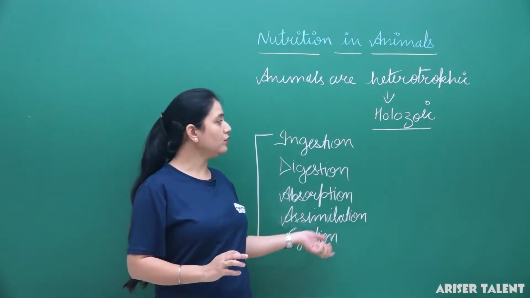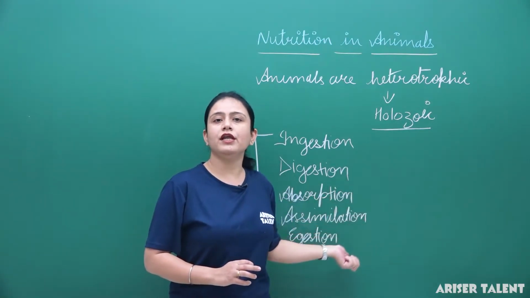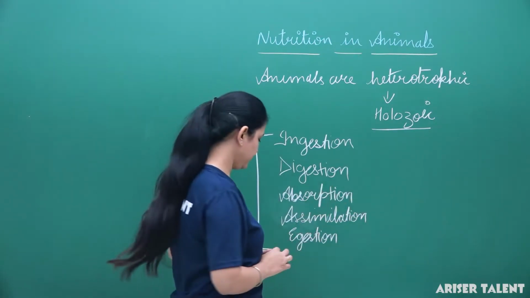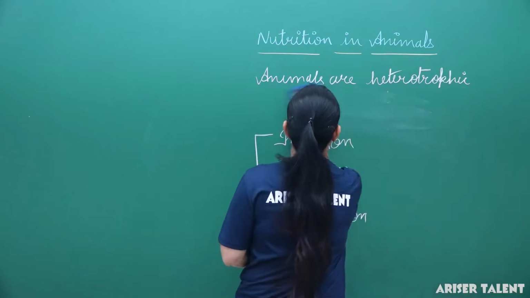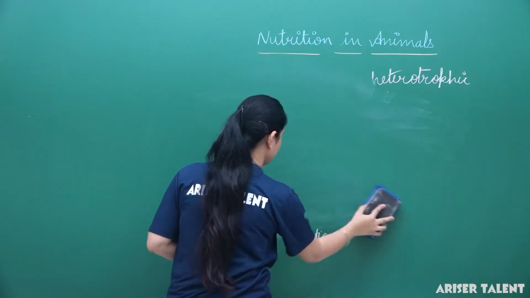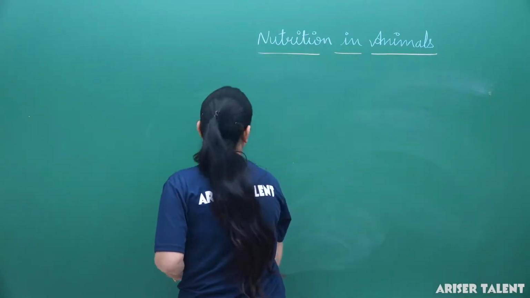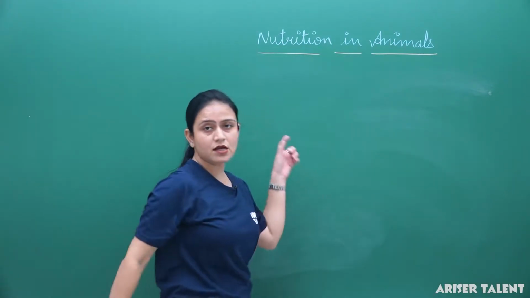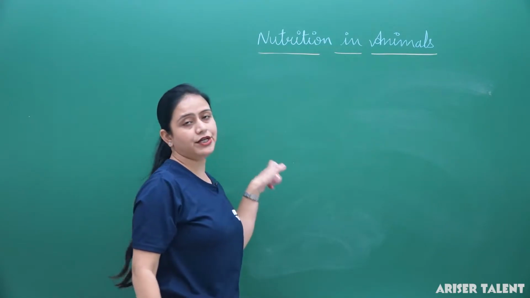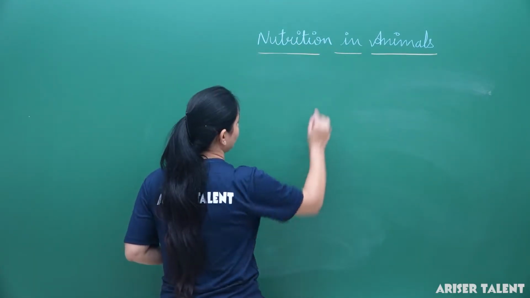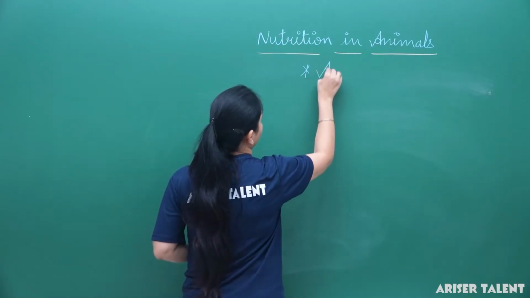Now we will talk about nutrition in unicellular organisms like amoeba and paramecium. As I told you about nutrition in animals, now we are going to talk about nutrition in amoeba.